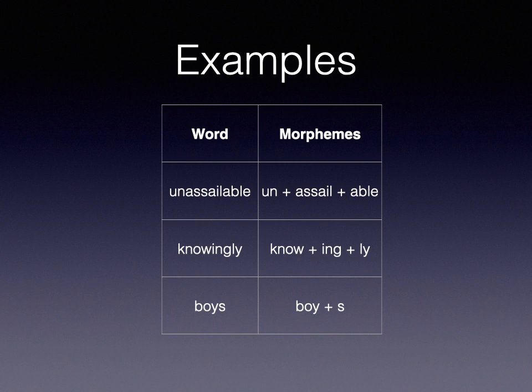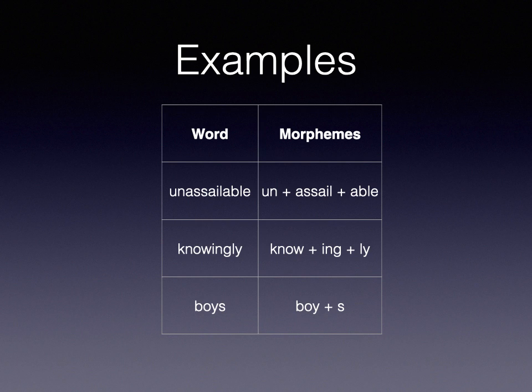So the word unassailable has meaning on its own, but you can split it further into smaller meaningful units. Un, negative meaning. Assail, it is a verb which has meaning on its own, meaning something like attack. And able also has meaning. So you have split the larger word unassailable into three morphemes: un, assail, and able.